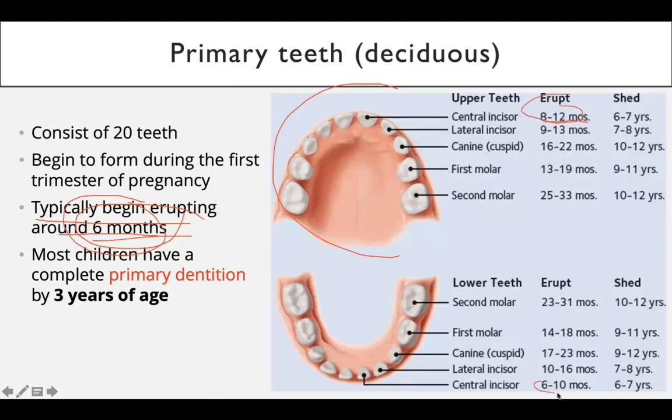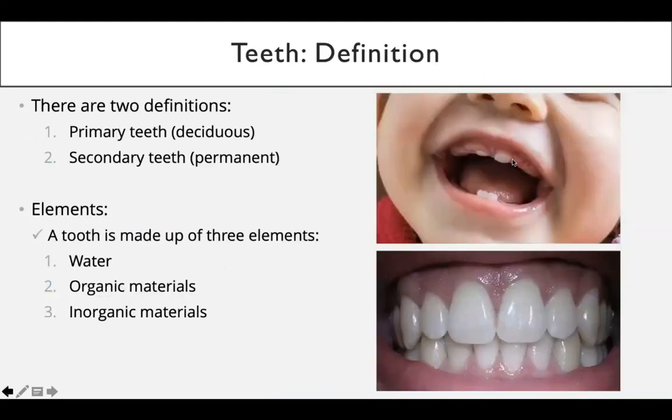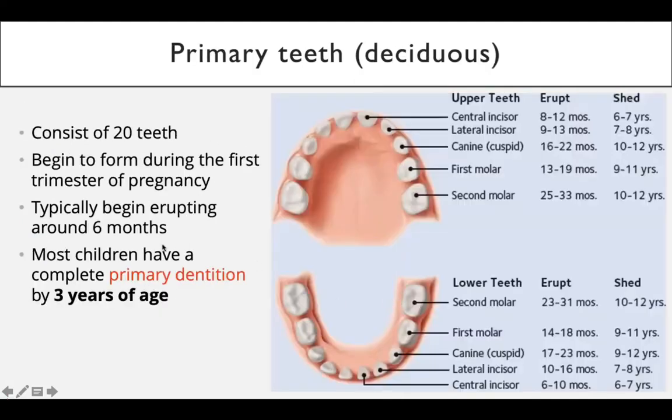Central incisors start from 6 months. Now we will not forget. From the 6th month, central incisors come out. Oh, these little guys. That's why this baby was smiling, because it has the central incisors. So now we remember the first teeth which start eruption are the central incisors.